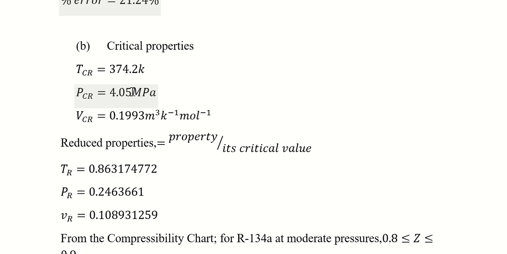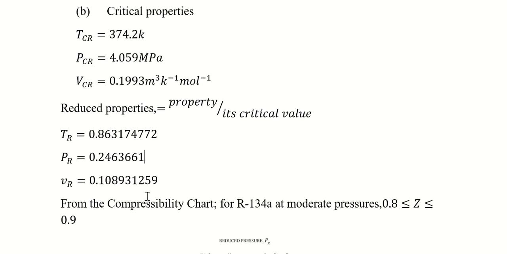We forgot a 9 here, and it was going to affect your last answer. So 1 divided by 4.059, you get 0.2463661 as the reduced pressure.